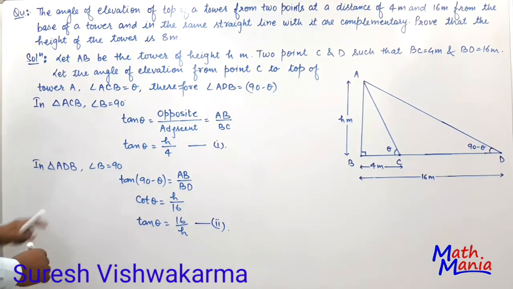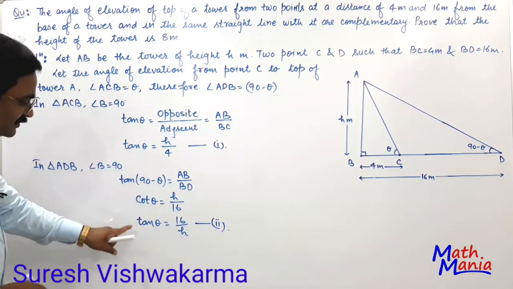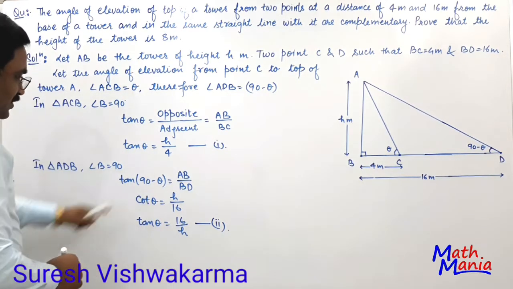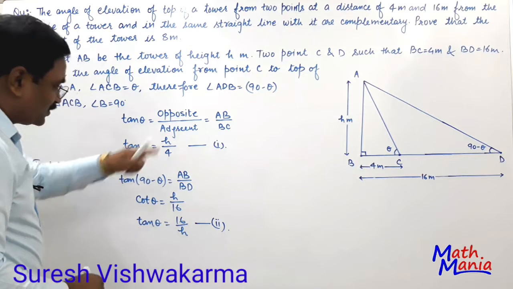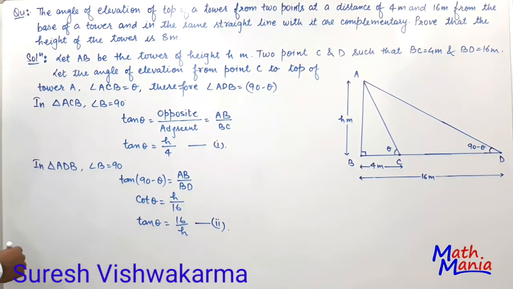Now from equation 1, substitute the value of tan theta, that is H upon 4, in equation number 2.